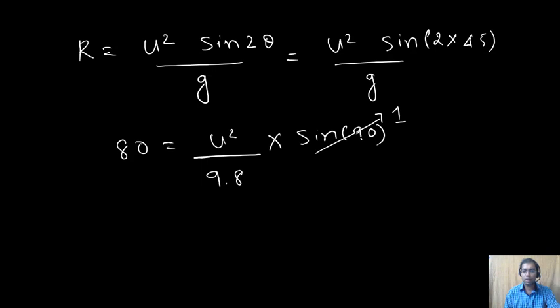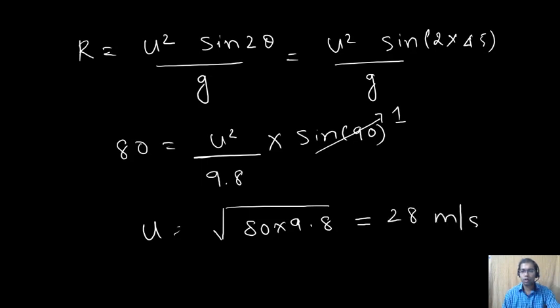So we can as well write it as 1, or we can leave it out. So here I will get u square, or we can just directly write it as u is equal to square root of 80 times 9.8, which will give us 28 meter per second. So we have our u, we have theta.